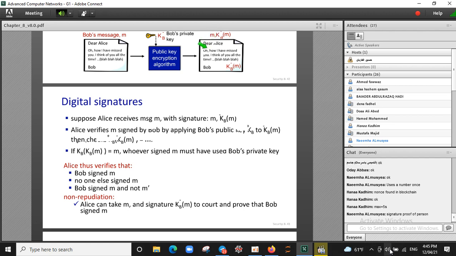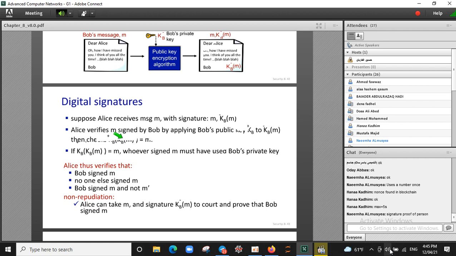So here I have a plain text and I have another plain text extracted from this encrypted text. So simply Alice should compare those two texts. One text comes from the Bob side and the other text is extracted from the encrypted message.